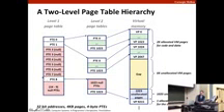So you still need a level 1 page table that has 1K PTEs. But those are only 8 bytes, right? You still need to have space because you're not sure which region of the address space you're going to need to cover.